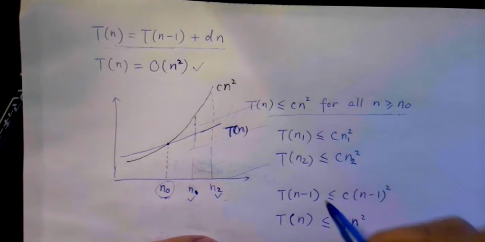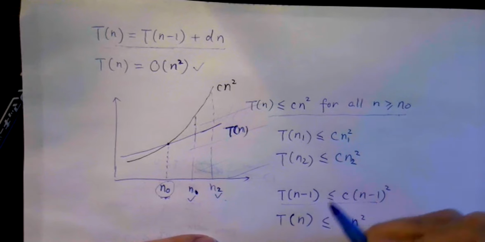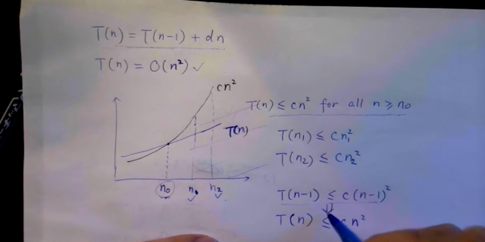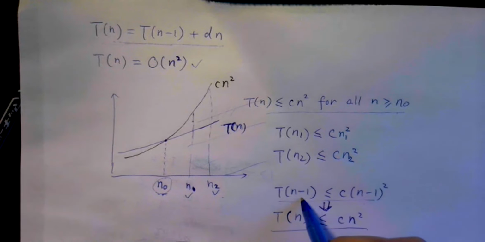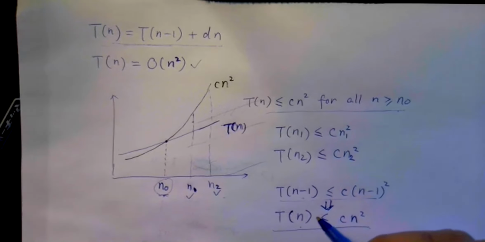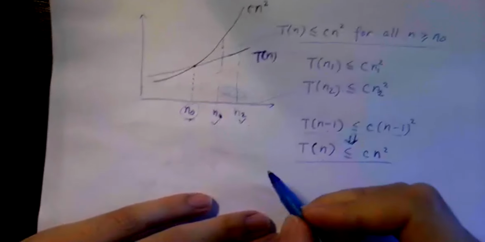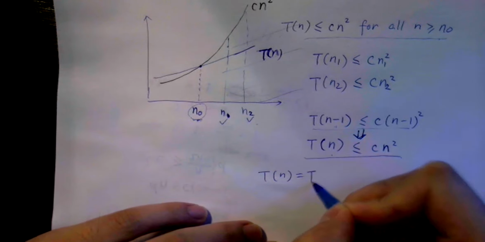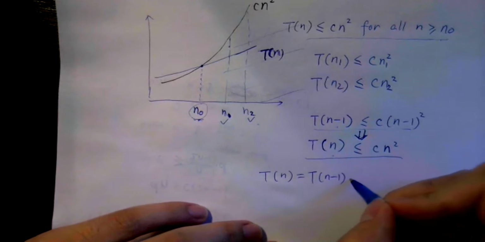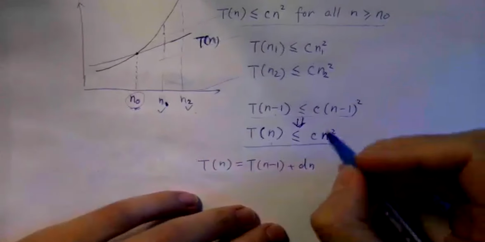If we can infer from the above inequality to the below inequality, then the mathematical induction is done, because this is the smallest case. This is n1 now, and this is n2 now. So we can substitute T of n minus 1 with its upper bound.